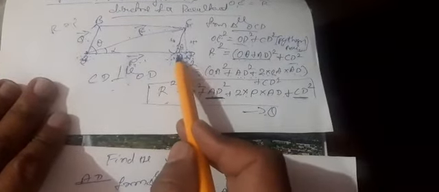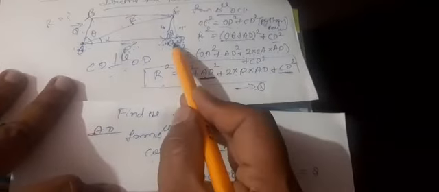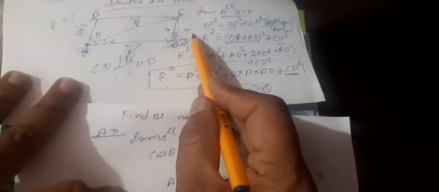Then find the values of AD and CD. How to find? See, the diagram shows CD is the horizontal line at angle theta. From the triangle ACD, by using the definition of cos theta, that is adjacent side by hypotenuse.